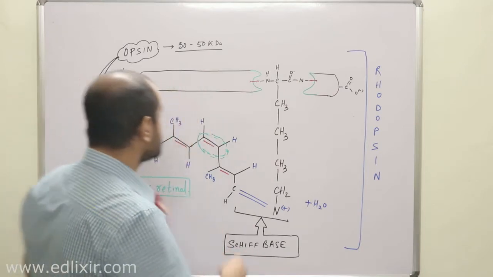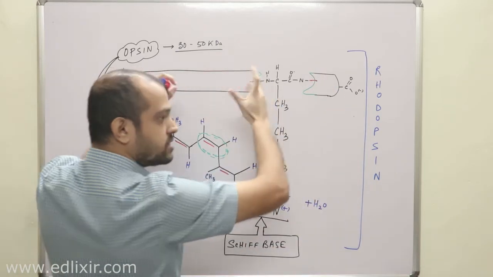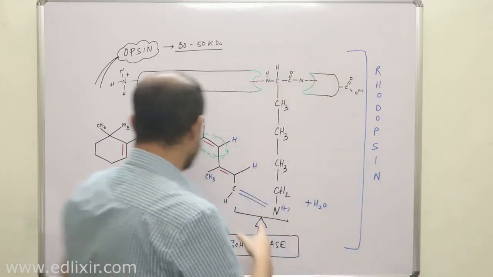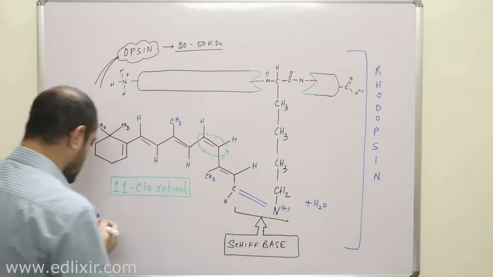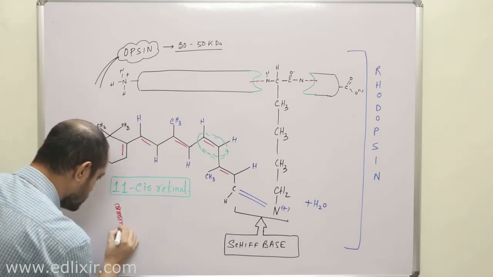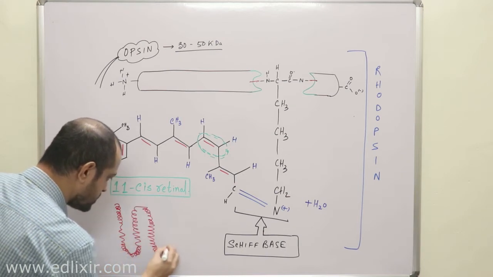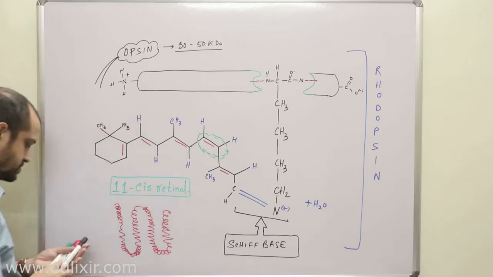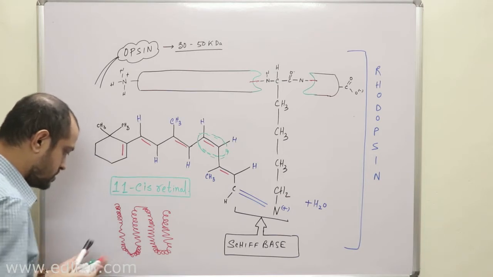Now after post translational modification, this whole thing will turn into helices and beta pleated sheets. Suppose this whole protein after post translational modification becomes like this. Suppose this is your opsin.